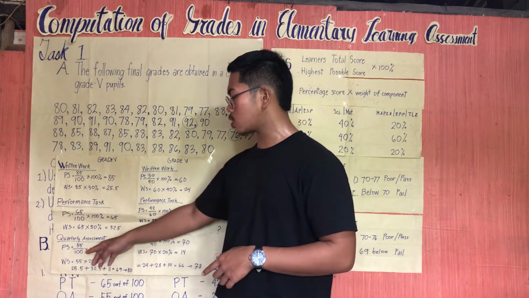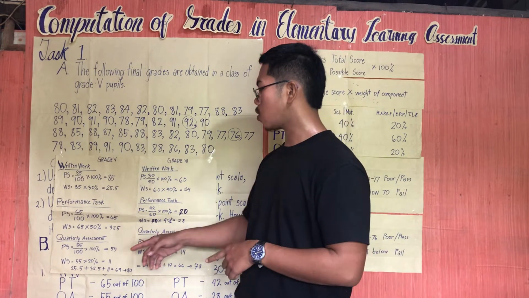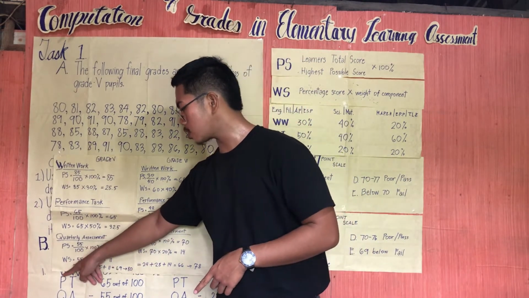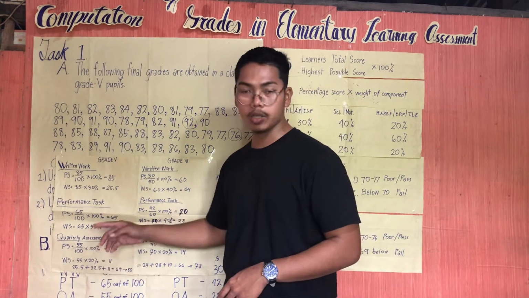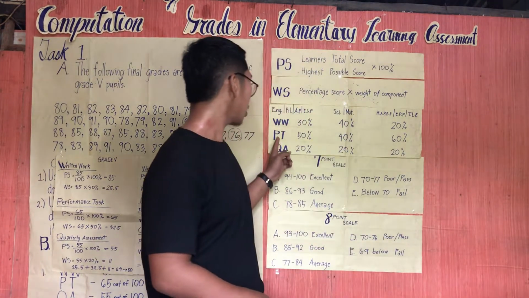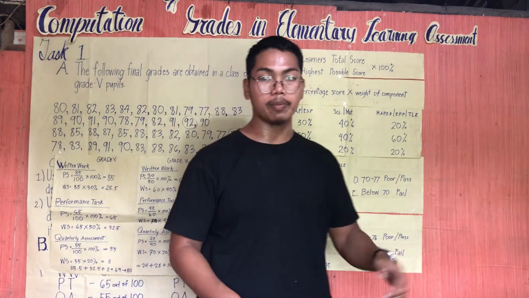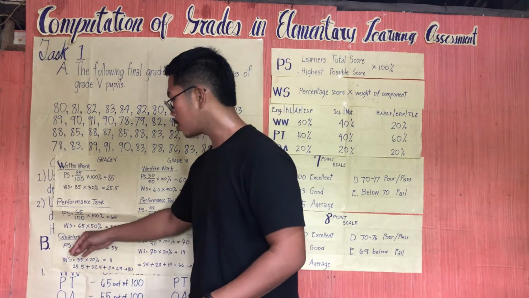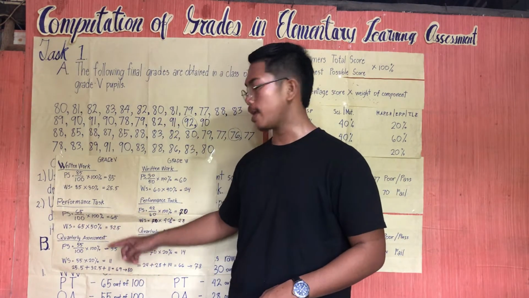And for the weighted score, we use the percentage score 55 in order for us to get the weighted score. 55 times 20%. Why 20%? Again, the weight of component of the English quarterly assessment corresponds to 20%. And 55 times 20% is equal to 11.